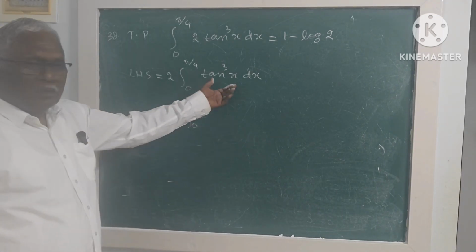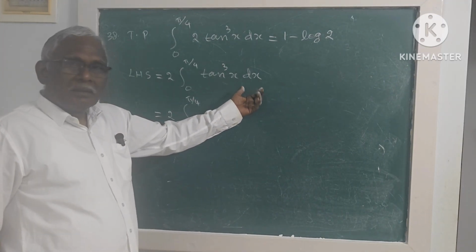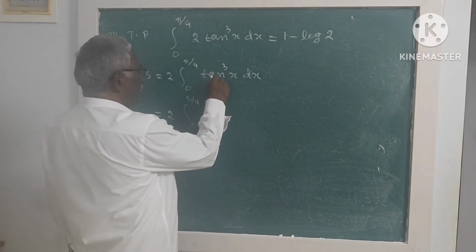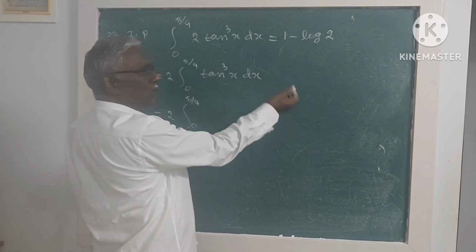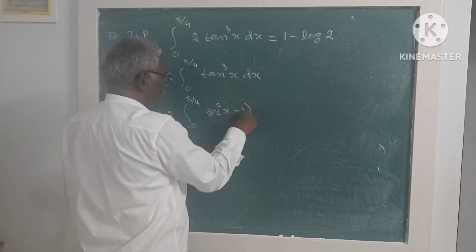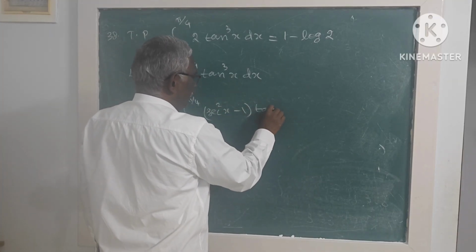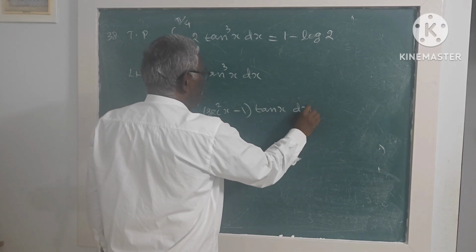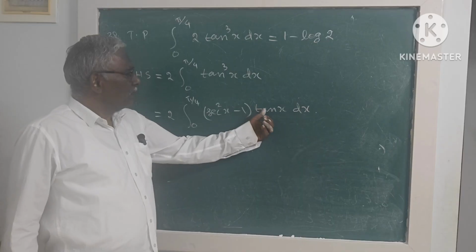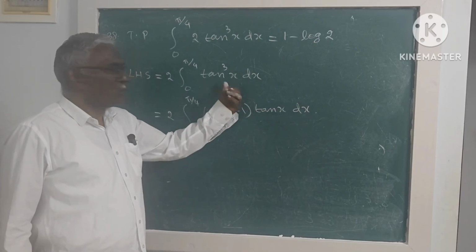So to integrate tan cube x, we have to see how to get the secant square x. So we can write this as tan square x into tan x, that is, secant square x minus 1 into tan x dx. Secant square x minus 1 is tan square x, into tan x is tan cube x.